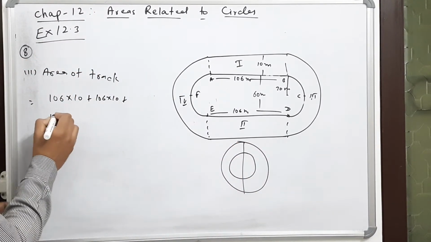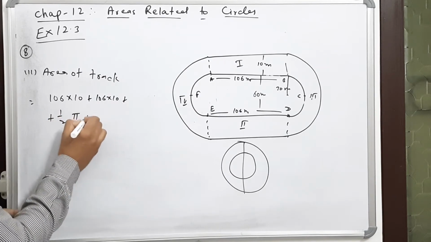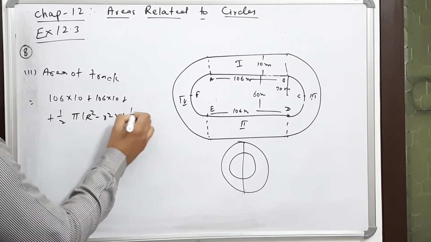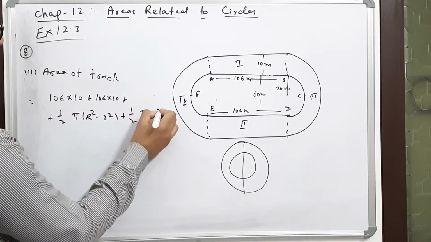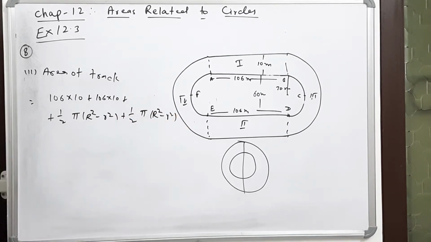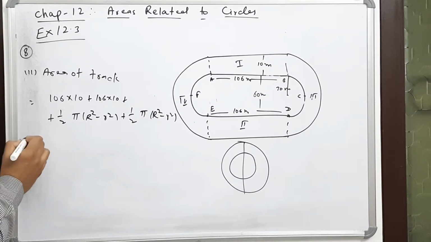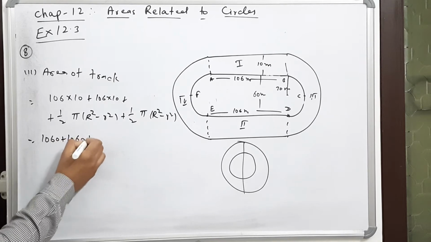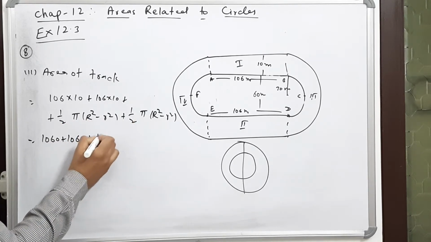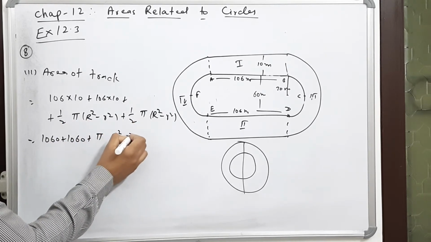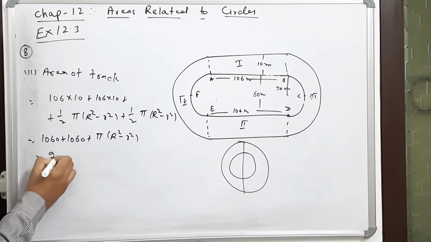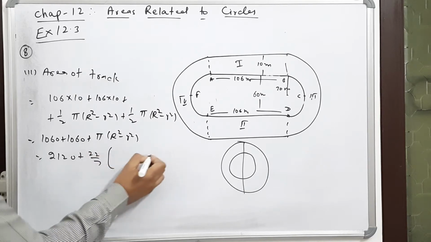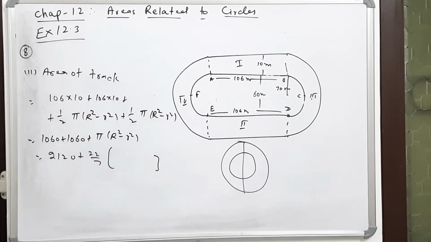So the area of the third part is half pi R square minus r square, and the area of the fourth part is also half pi R square minus r square, means half of the ring. So it is 1060 plus 1060, that is 2120, plus half, and half will be pi R square minus r square, 22 upon 7. Now you see the part.